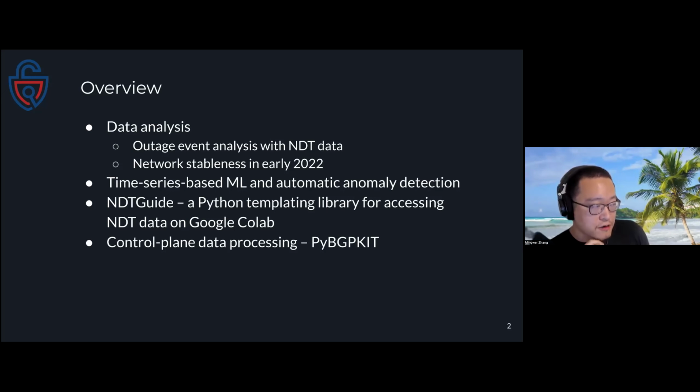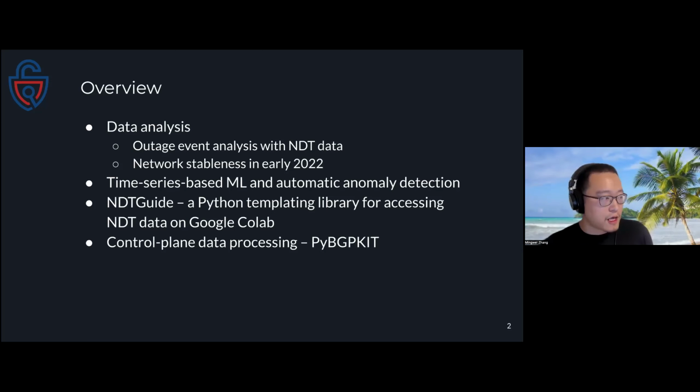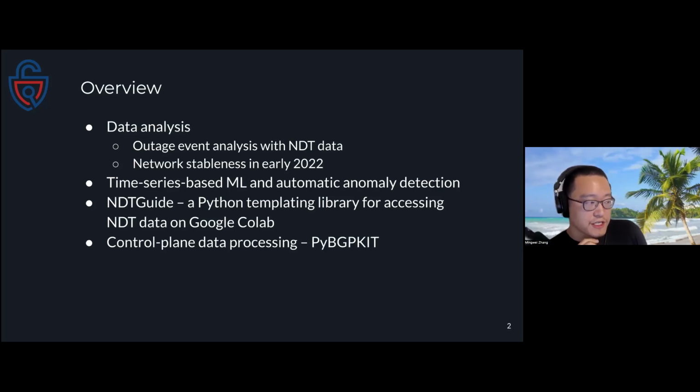And then we'll talk about a preliminary time series, machine learning based detection framework we can use to automatically detect abnormal events on NDT. Then we have a quick introduction to NDTGuide, which is a Python templating library for accessing NDT on the Google Colab platform.